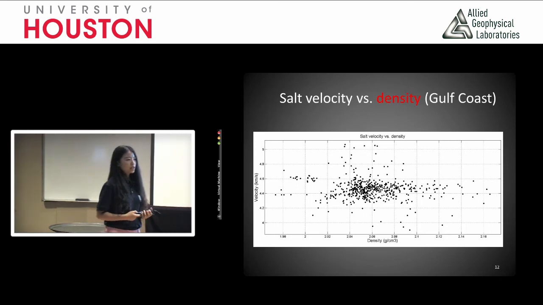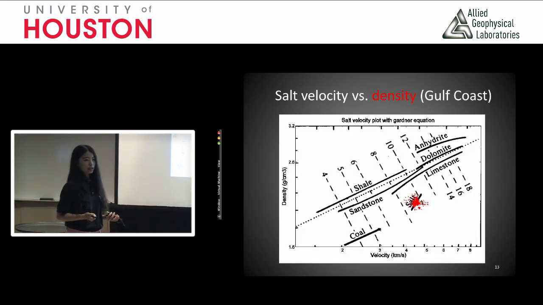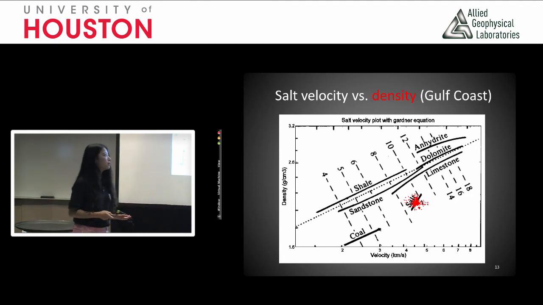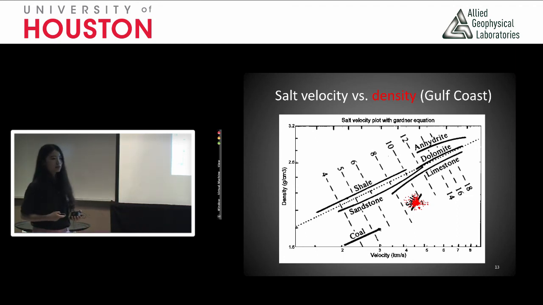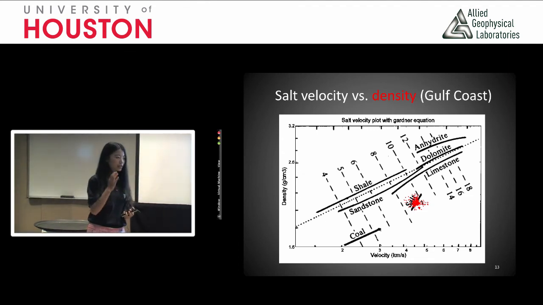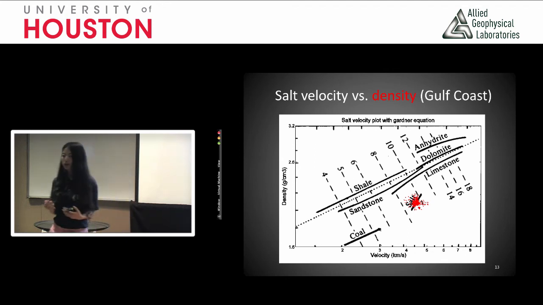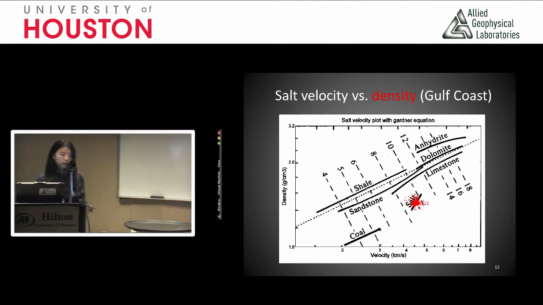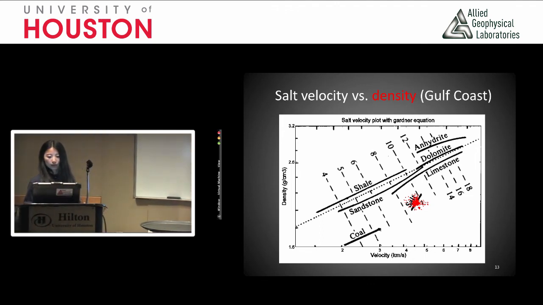But we cannot generate any valid relationship for this density. With the velocity varying over such a big range at the same depth, one possible reason could be anisotropy. It's just one case. We still need to study this.